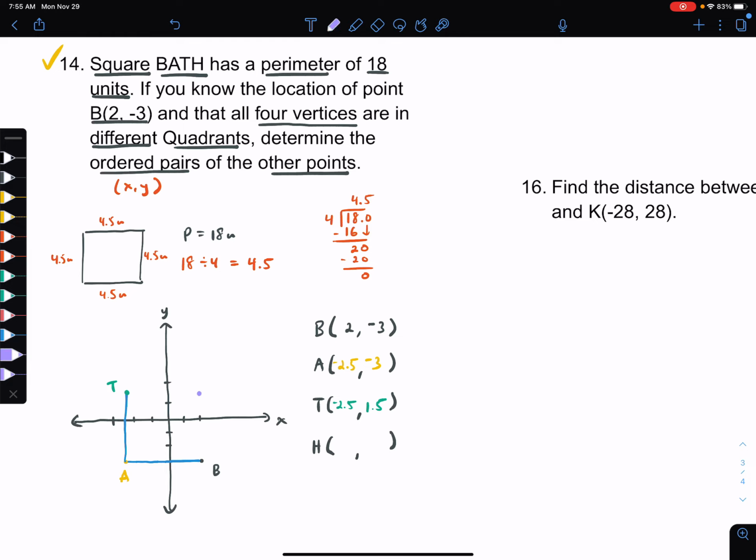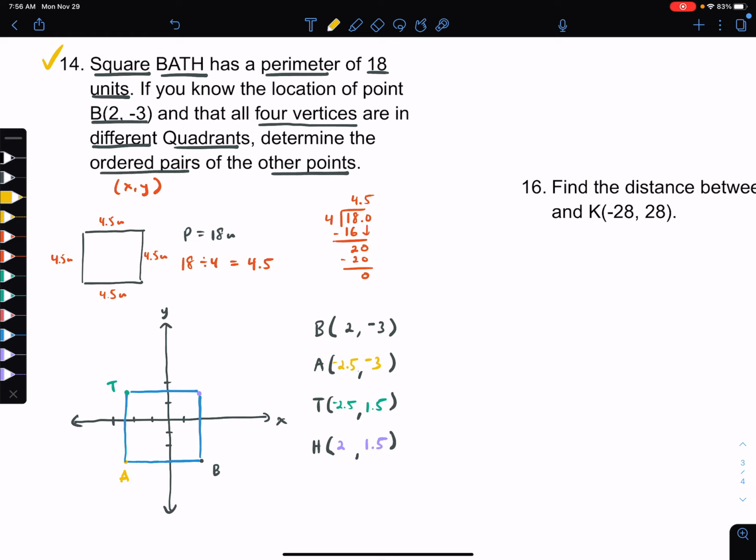So it's going to share the same x value as B. Notice how B's x value is going to stay the same here. So I think that's going to stay as 2. So these match. And then for the y value, I think it's got to be the same thing as T because look how it's the same height as T. So T's y value is 1.5. So I think this y value also has to be 1.5.